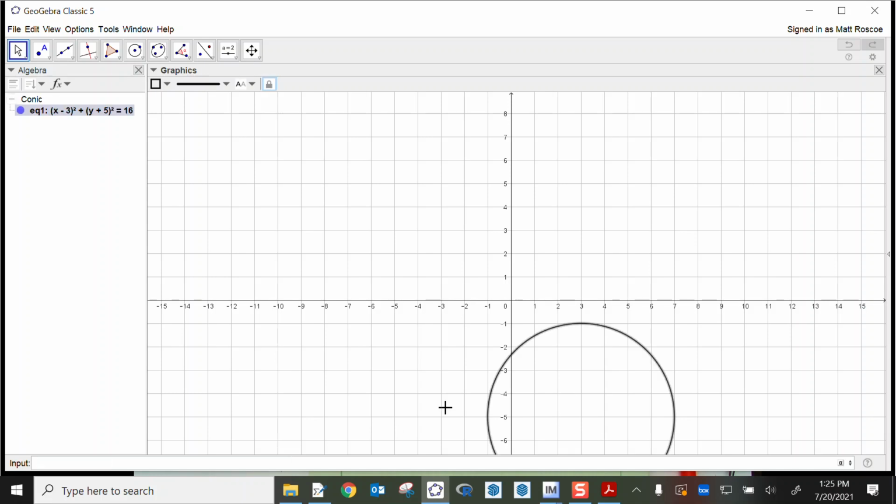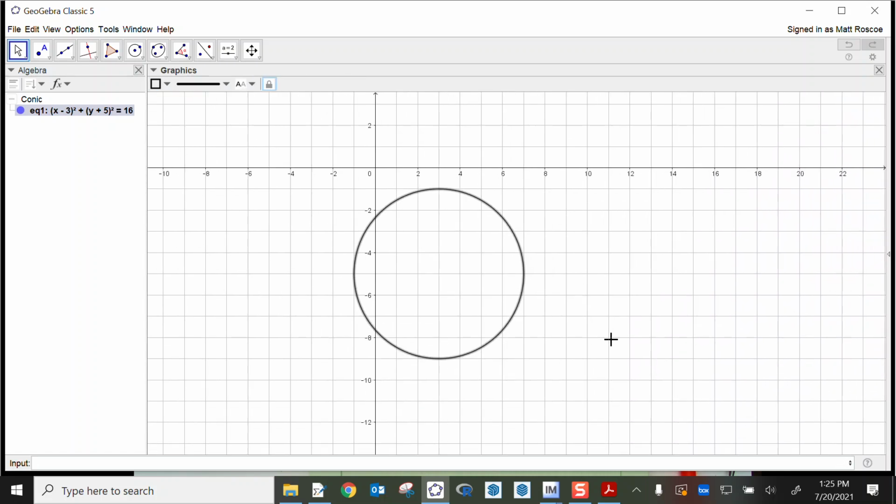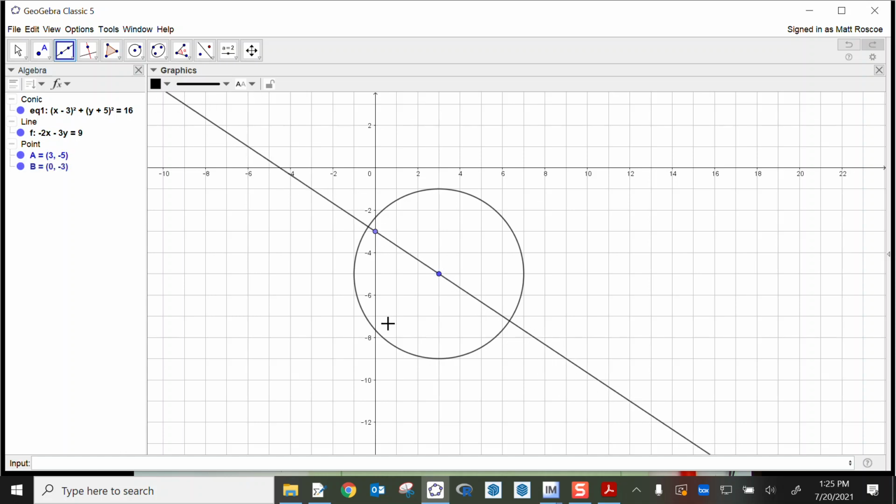There it is. And then what do we want to do? We want to find its center. So the center is this point right here. And then through the center, we want to put in the line that we decided was perpendicular to the two lines in question.